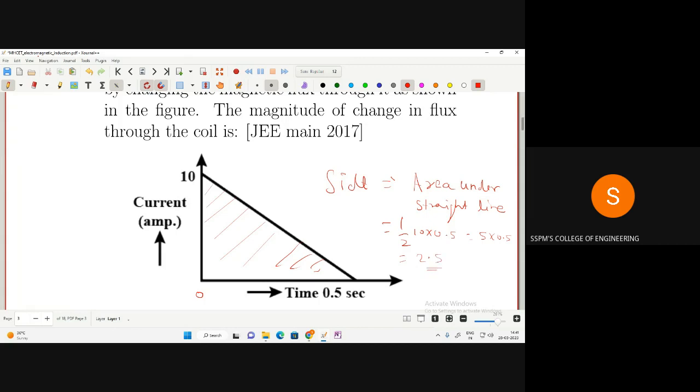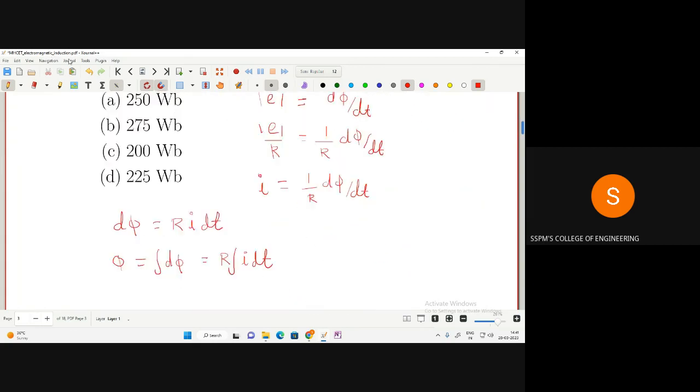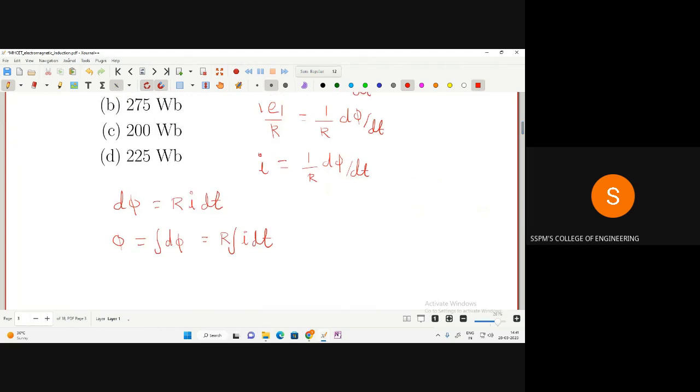So the integration of I dt is equal to 2.5 that we got. And once you know the integration of I dt, you can find the change of flux.